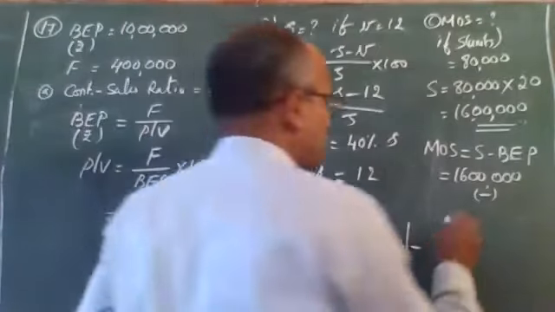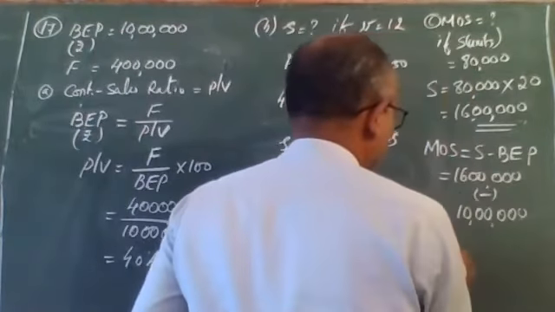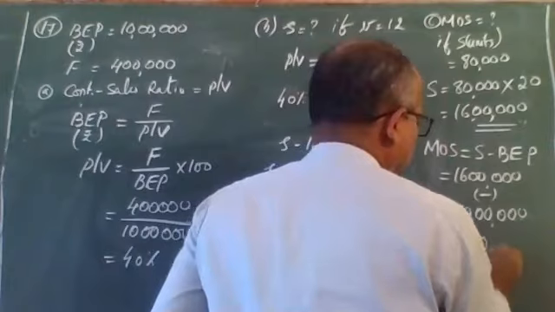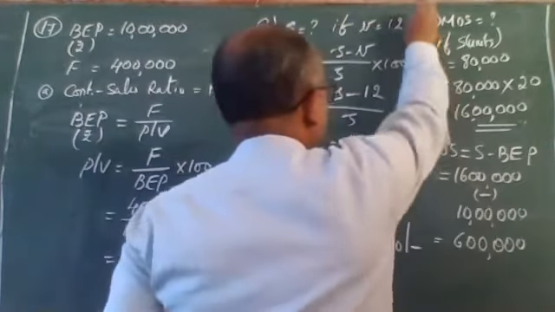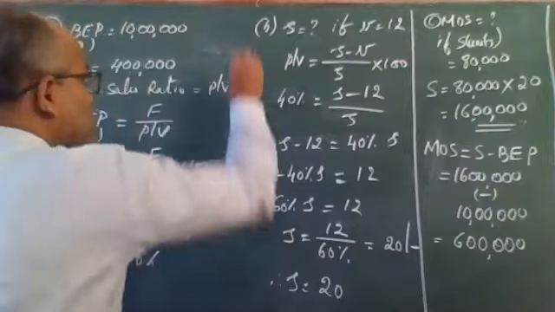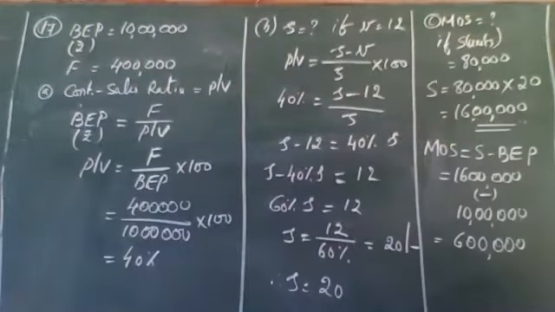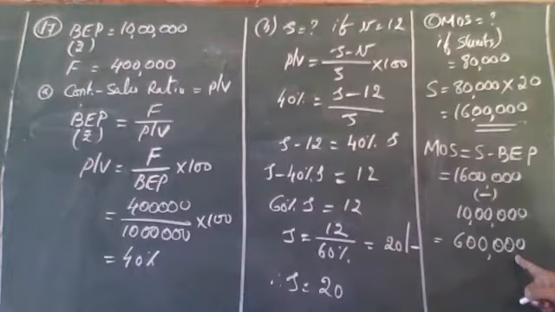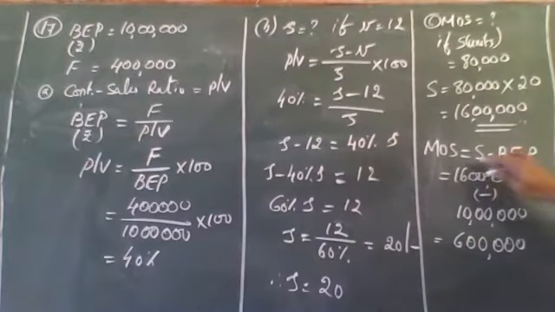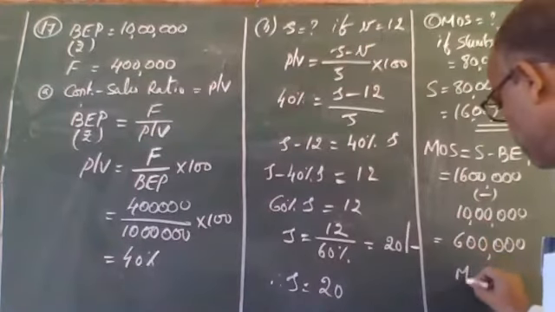So 16 lakhs minus 10 lakhs is equal to 6 lakh rupees, which is my margin of safety. Is it okay? Sales units converted into sales rupees, then from sales rupees you deducted break-even sales, you get margin of safety. This is okay?